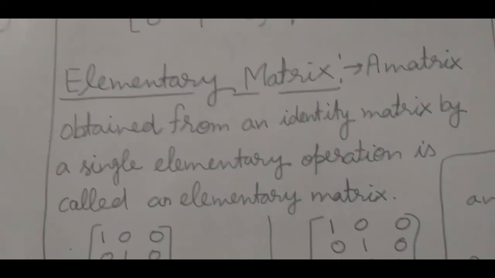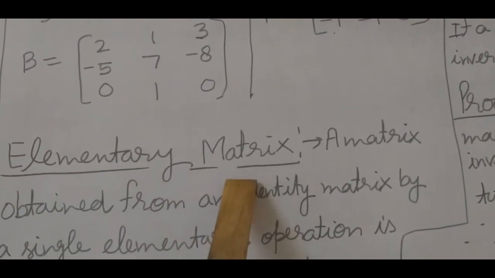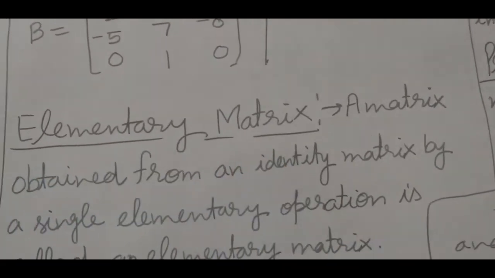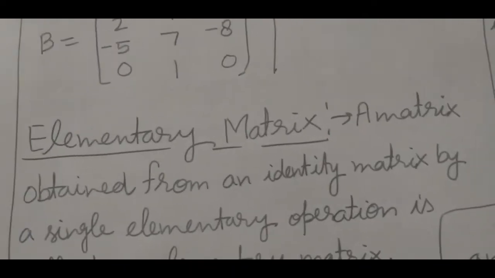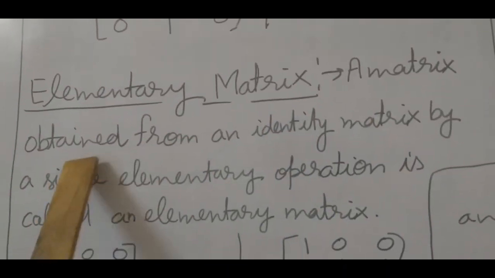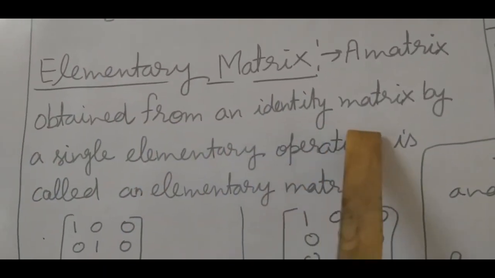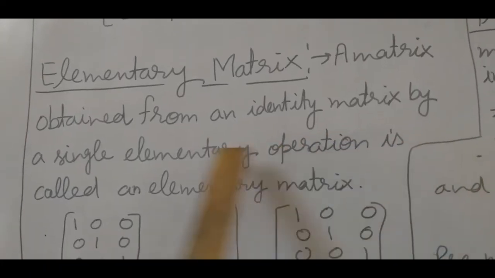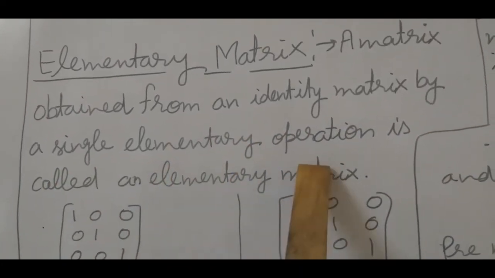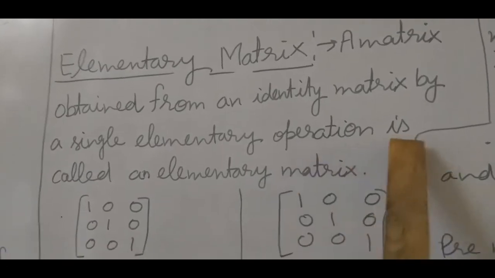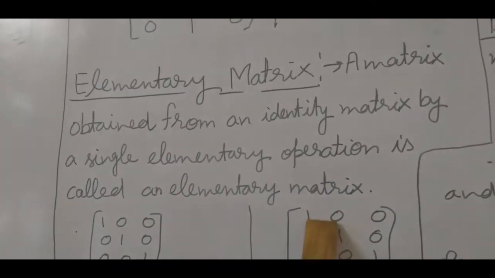Now next one is elementary matrix. What is the elementary matrix? Students, a matrix obtained from an identity matrix by a single elementary operation is called an elementary matrix.